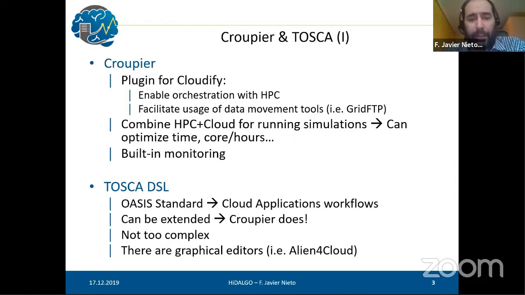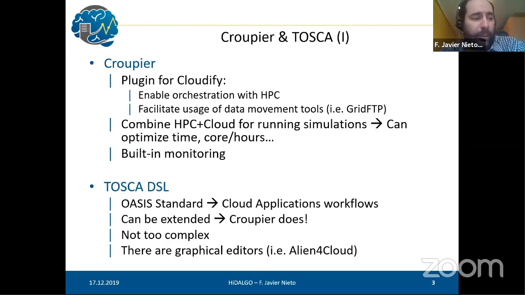Croupier is an orchestrator based on Cloudify, which provides the capability to run jobs in HPC. Cloudify is an orchestrator for cloud environments only. It has a lot of connectors, and it's very nice for that, but it does not have the capability to connect to HPC systems. And therefore, what we did is develop this kind of extension.